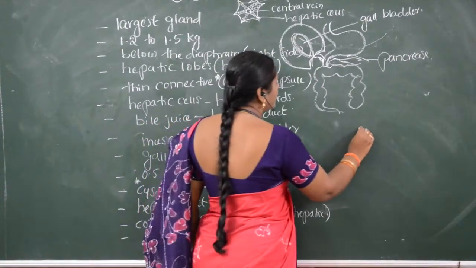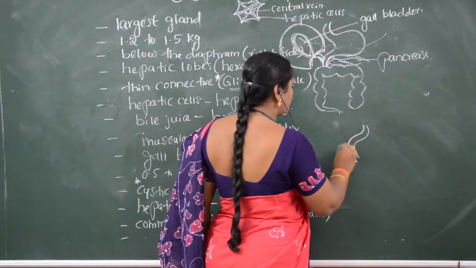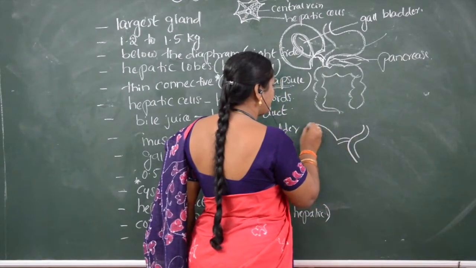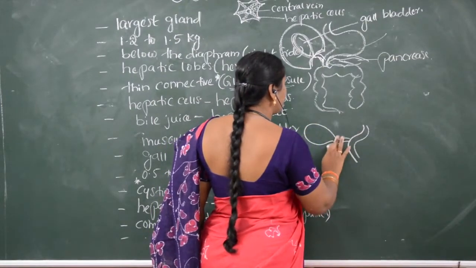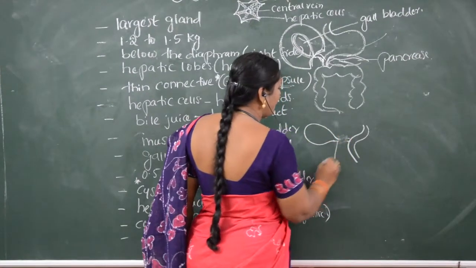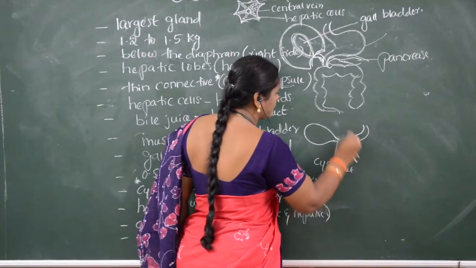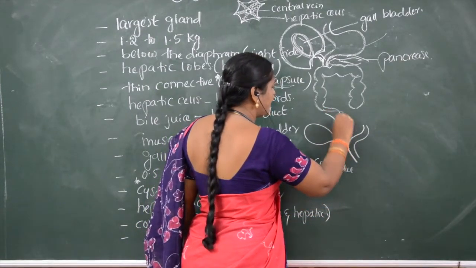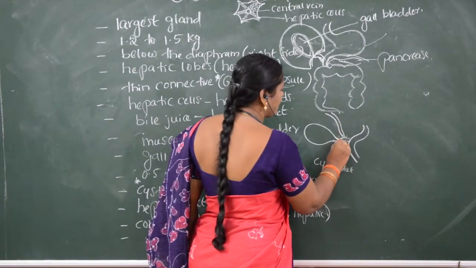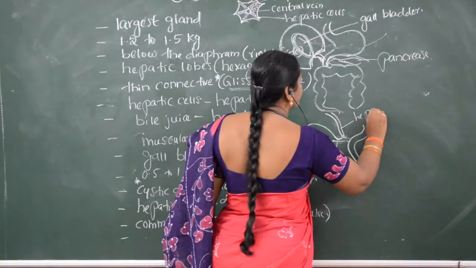If you see only the duodenum part, or only the liver, this is the gallbladder. The pear-shaped structure is called the gallbladder. The duct which arises from the gallbladder is called the cystic duct. The duct arising from the liver is called the hepatic duct.